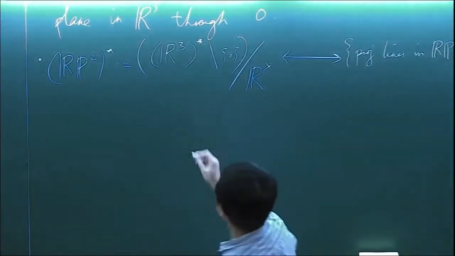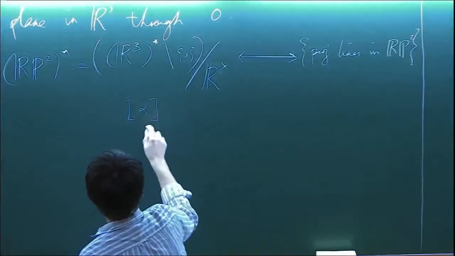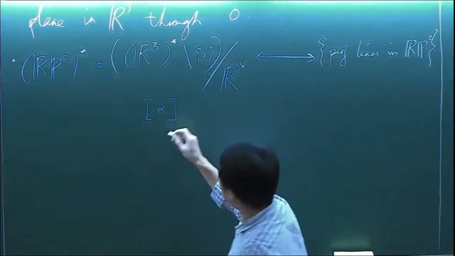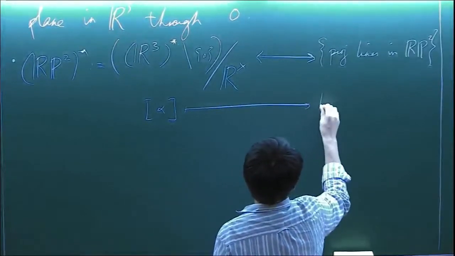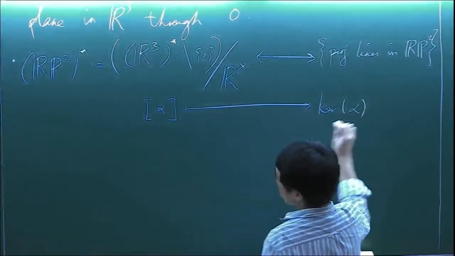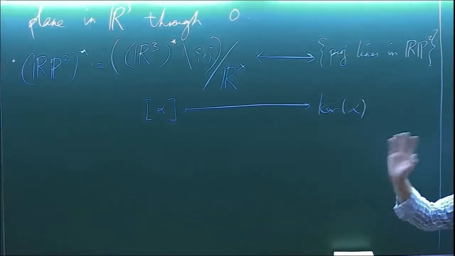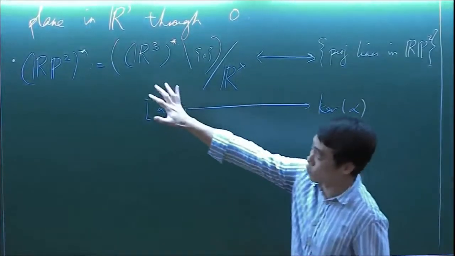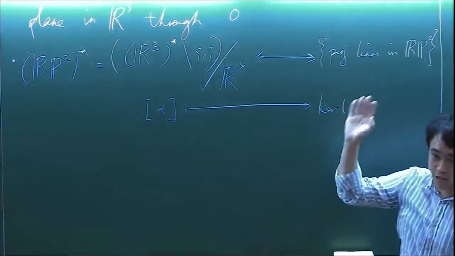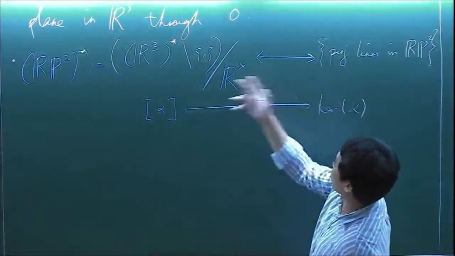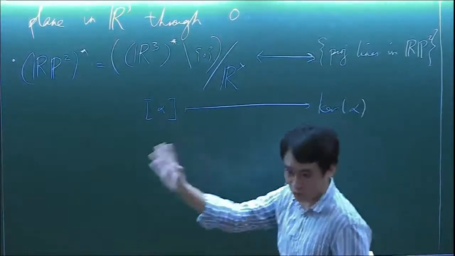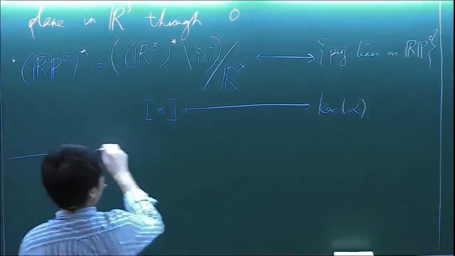What you do is take any projective class of linear maps here and assign to it its kernel. This is a very natural identification, and so for the rest of my 3 talks, I will no longer distinguish between this set and this set. I will think of them as the same thing for the rest of the course.